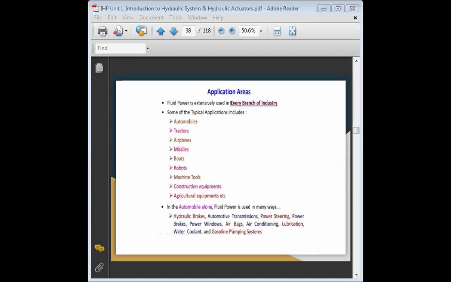That means now we are familiar with the terms: one is hydraulics and another is pneumatics. We are familiar with our industrial fluid power. Getting it?